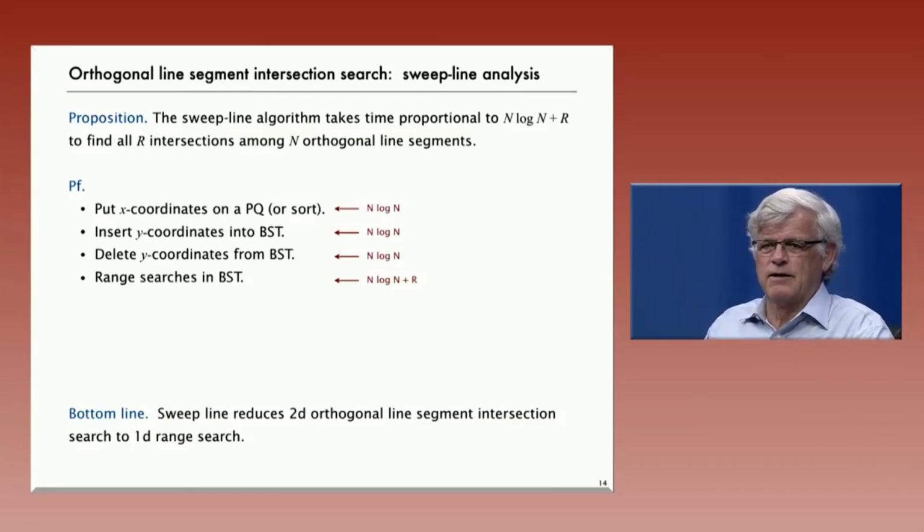So that's a quick sketch of the proof of this proposition. And with that 1D range search implementation, we get an efficient n log n 2D orthogonal line segment intersection algorithm.